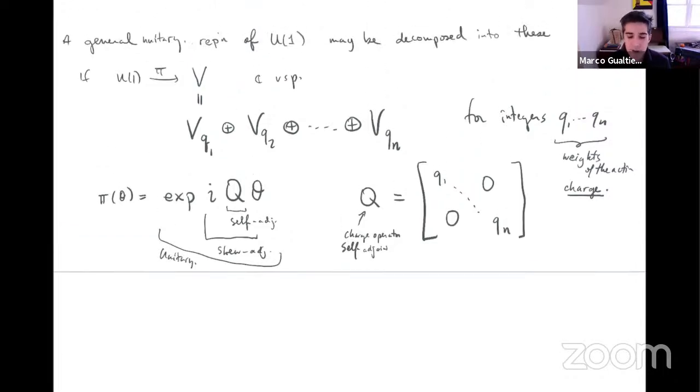So the idea is that you could think, very roughly speaking, that the big representation is some kind of a particle, or like an agglomeration of particles, something like what you find in a molecule or atom, and that there's a group acting on it, the U1 group.